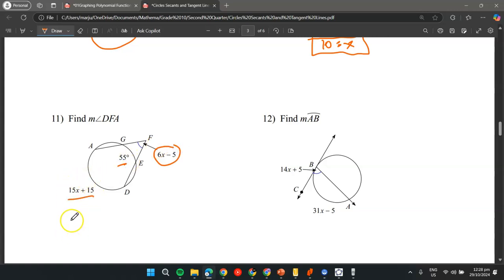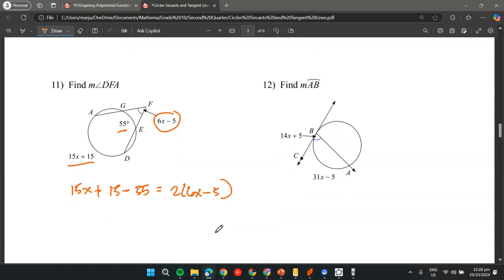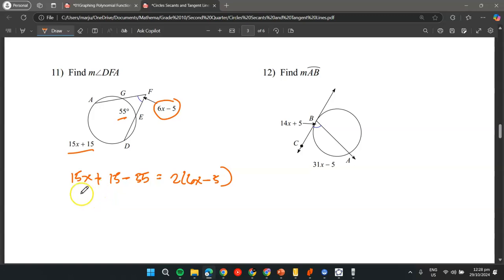So we're going to do 15x plus 15 minus 55 is equal to twice of that. So this is 40, right? 15x minus 40 is equal to 12x minus 10.